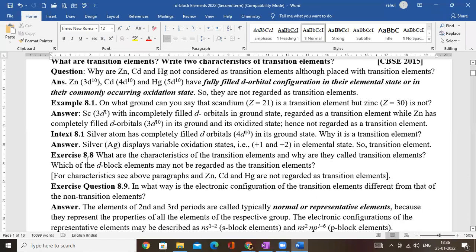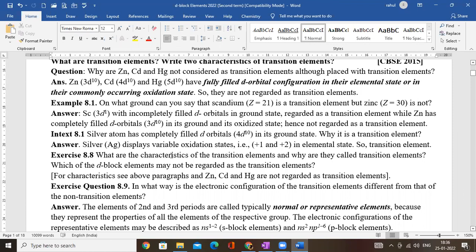Now we will take up example 8.8. The question is, what are the characteristics of transition elements and why are they called transition elements? Which of the d block elements may not be regarded as transition elements? I have already taken up that transition elements are basically those in which not only the outermost shell but also the one inner to the outermost, called the penultimate shell, takes part in chemical combination.